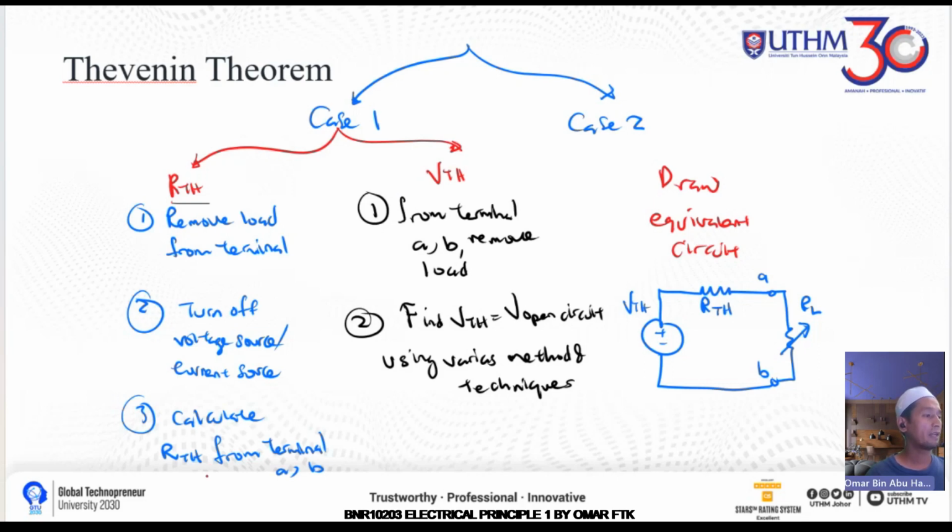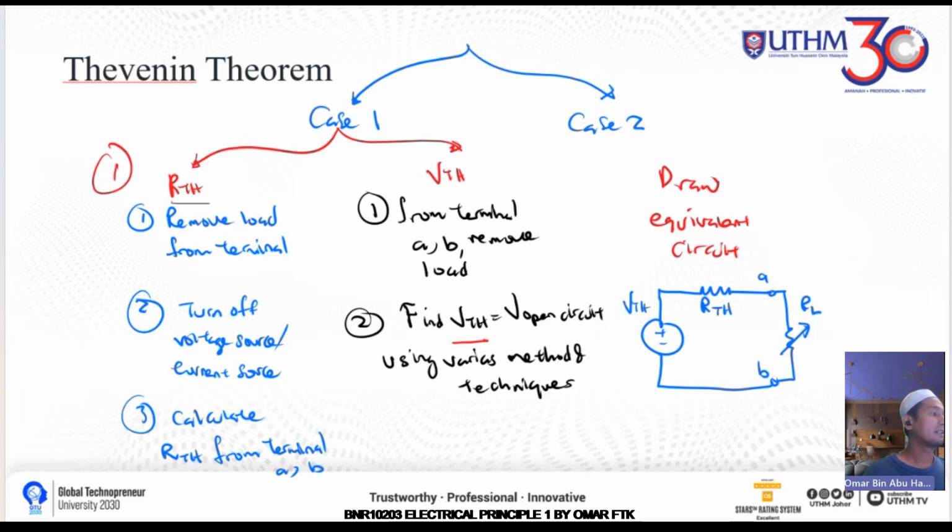Then after that you can calculate the resistor for the Thevenin. So this is for the RTH, the resistance of the Thevenin circuit. And then for the voltage at the terminal AB, you just have to remove the load, and then find the Thevenin voltage, the open circuit voltage, using various methods that you already learned previously.